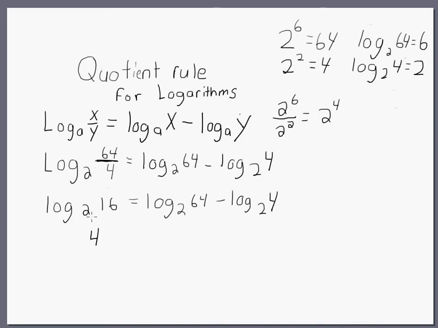I'll mark it as I count: 2, 4, 8, 16. This should be equal to 2 to the what power is 64. Let's do it again: 2, 4, 8, 16, 32, and 64. So that should be equal to 6 minus, well, we know 2 to the 2nd power is 4. So 4 equals 4.